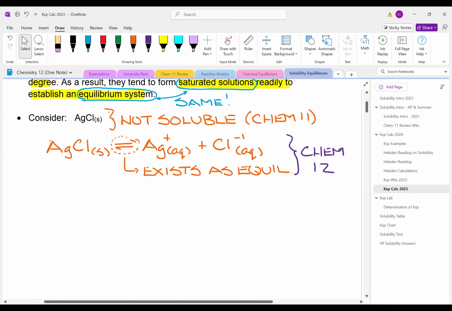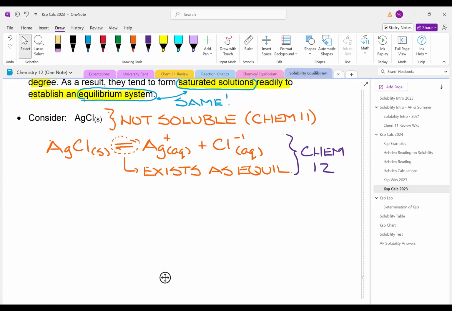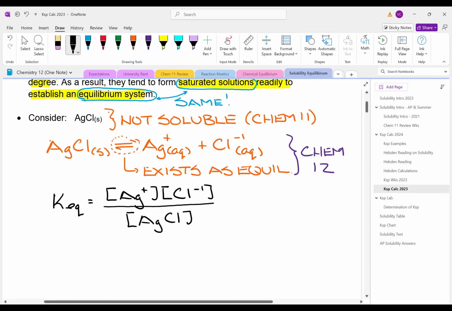Now, since this exists as a solid, we have to take a look at the equilibrium constant. If we write this out, we would have KQ equal to the concentration of Ag plus times the concentration of Cl minus, all over the concentration of AgCl solid.